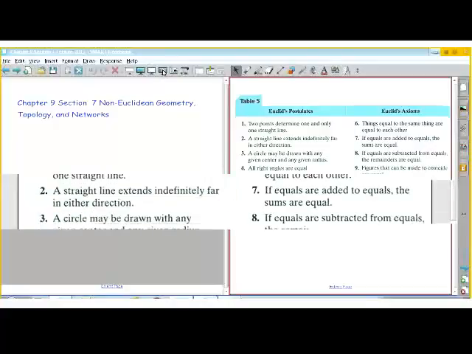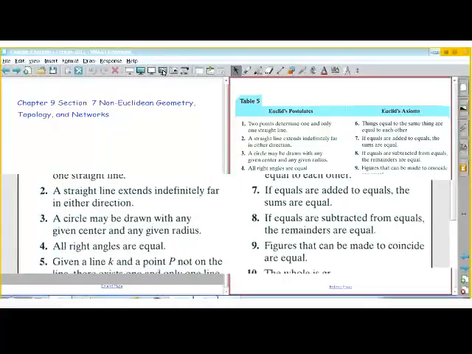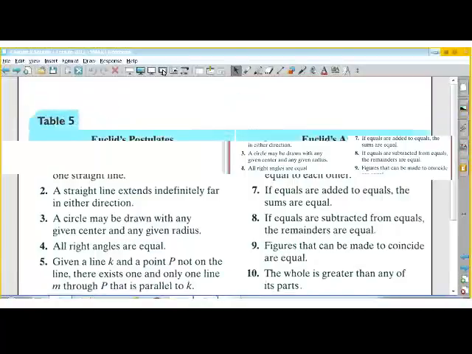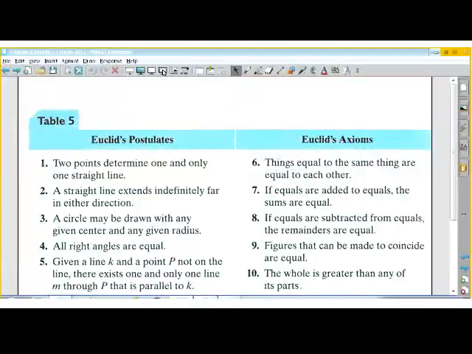So these are, when you took geometry in high school, you dealt with Euclidean geometry, and that's because Euclid, who was a Greek mathematician and other stuff, came up with these rules, these laws, basically, or postulates and axioms about geometric figures. So let's just read them.